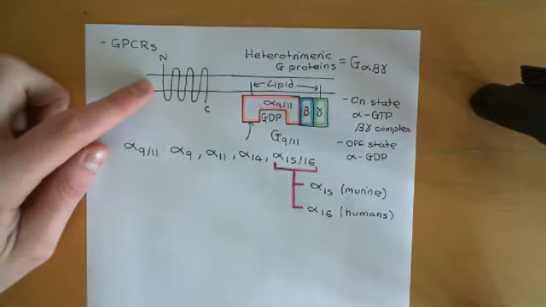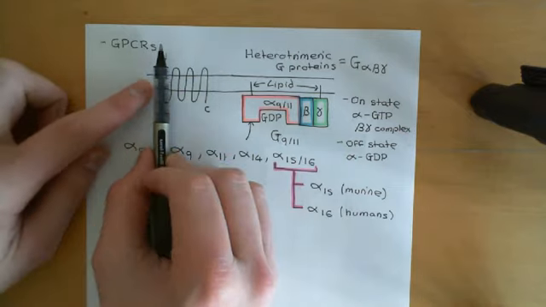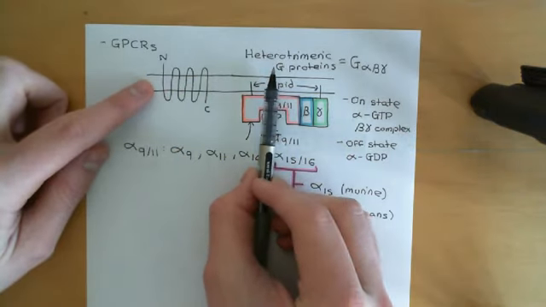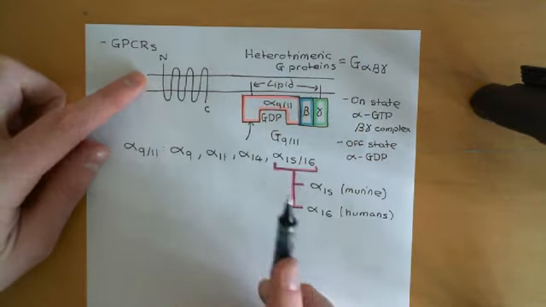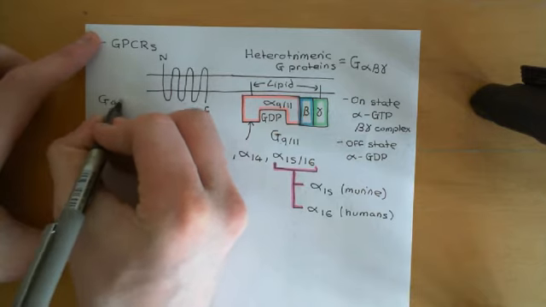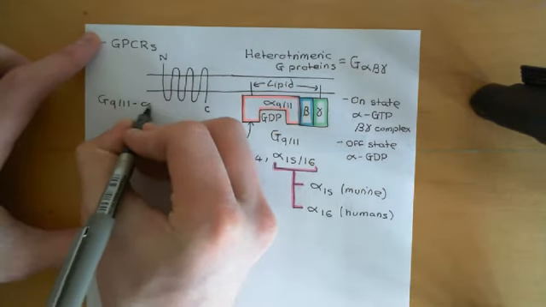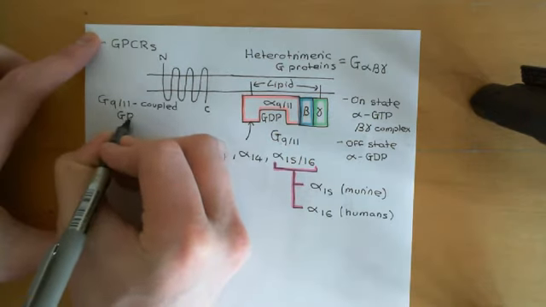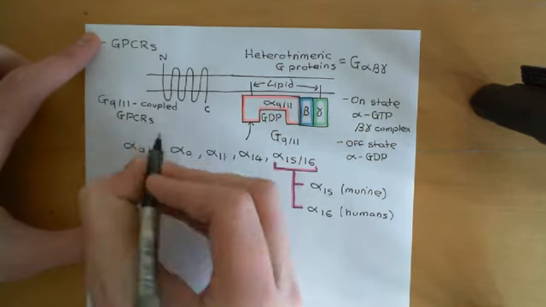Okay, so there are certain G protein coupled receptors that are capable of activating heterotrimeric G proteins where the alpha subunit is in this alpha Q/11 family. Okay, and these are what are known as GQ/11 coupled G protein coupled receptors. Okay, so let me give you some examples of GQ/11 coupled G protein coupled receptors.